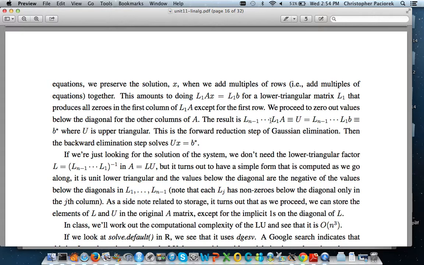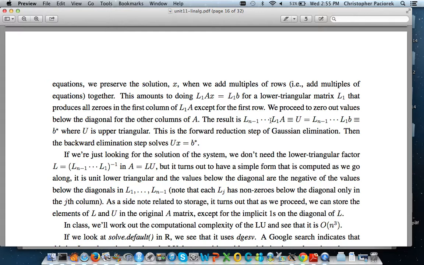Then you can continue on, and it's basically gory bookkeeping to see what the other L matrices are. The other thing that pops out nicely is that because these L matrices are triangular, things work out really nicely in terms of multiplying them together and finding the inverses.